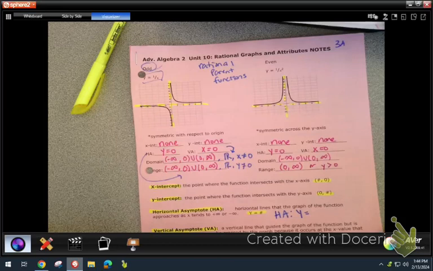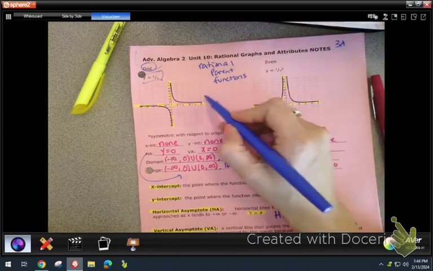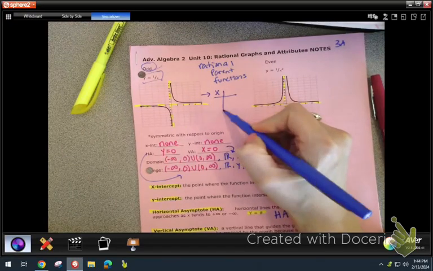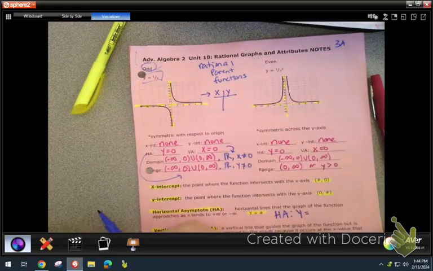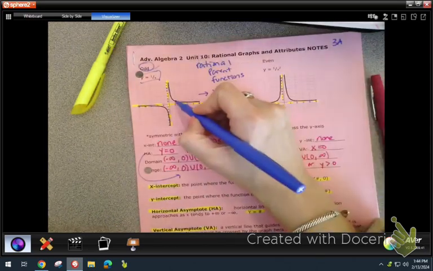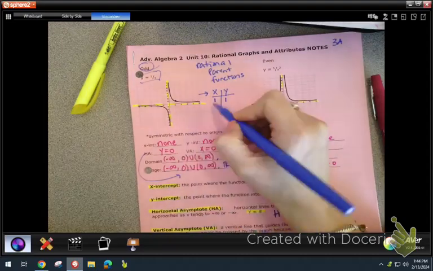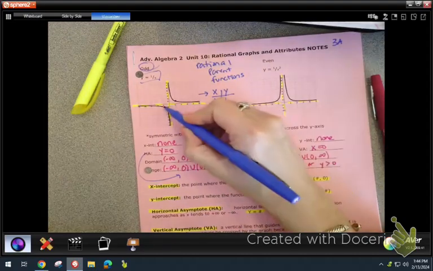So there we go. Let's talk about parent function points for this graph right here, because we like to do transformations with our parent function. Really, once you have your asymptotes, those are your boundary lines. There's only 2 points that I need you to grab. And that point is positive 1, and negative 1, negative 1.